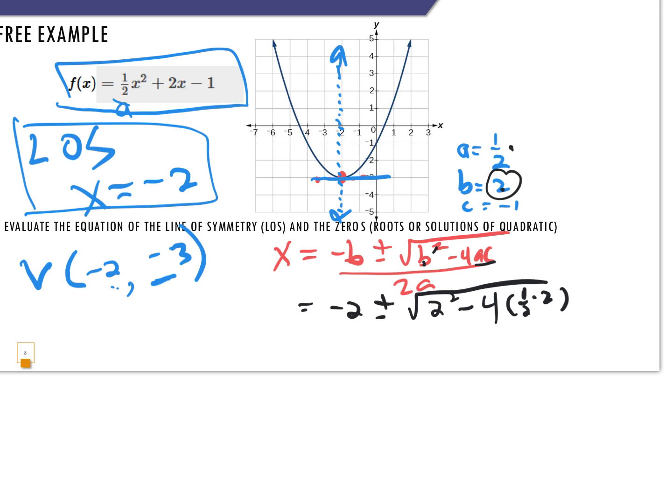There's a lot of things I could have done first, but I want to show you that it's safer to plug everything in before you start thinking. And then I have a 2 times the a, that's a 2, times my a again, which was a positive half. So that doesn't look like a half. Well, there. Let me just erase it and draw it again.